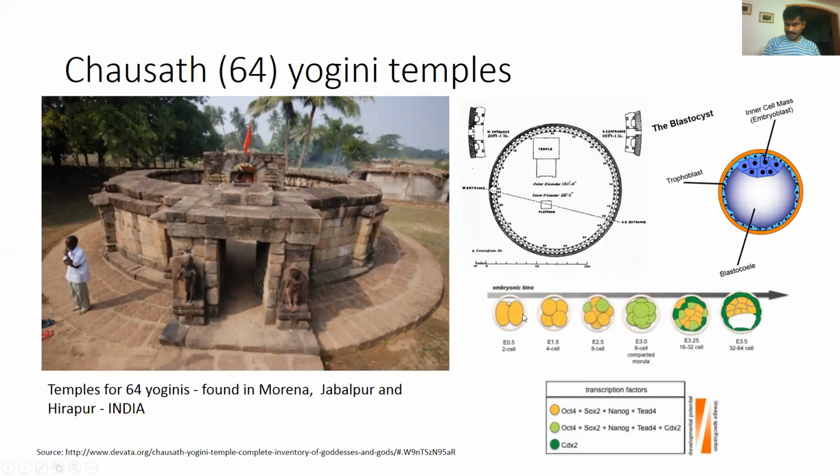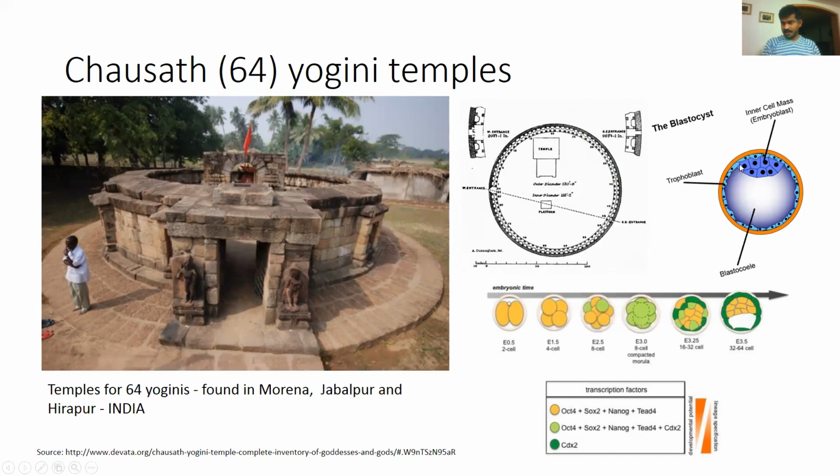Okay? Basically, what these temples are nothing but the blastocyst. So as you can see in the yellow pictures, there's two cells. The single cell becomes 2, 4, 8, 16, 32. And the last phase in blastocyst is the 64-celled blastocyst. Okay? And just above this, you can see this is the way how it looks.